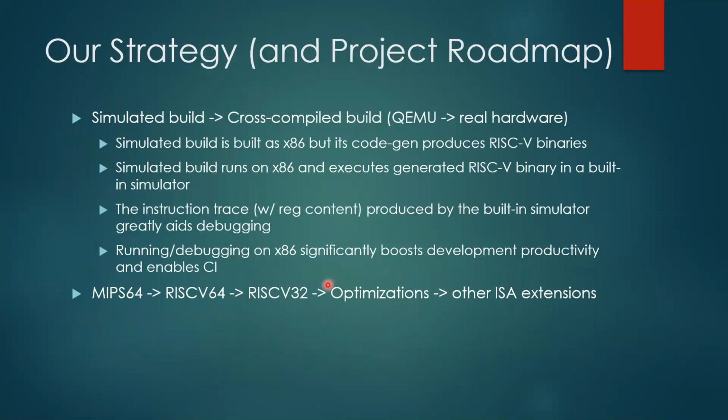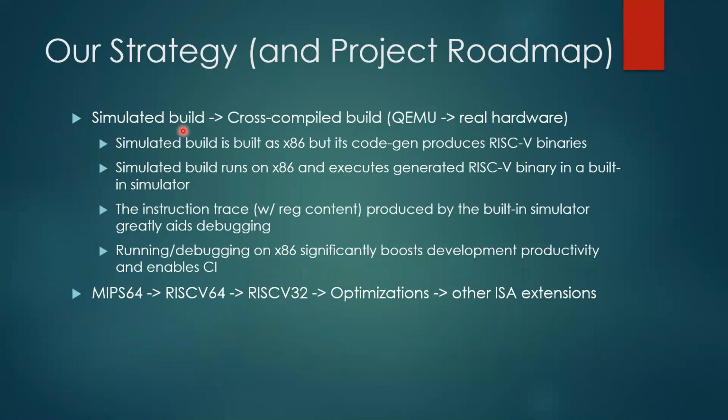Our strategy is also our roadmap. Instead of starting directly from QEMU or real hardware, we started with something called a simulated build. This might be foreign to a lot of people. A simulated build is a special build of V8. Let's use x86 as the host machine.